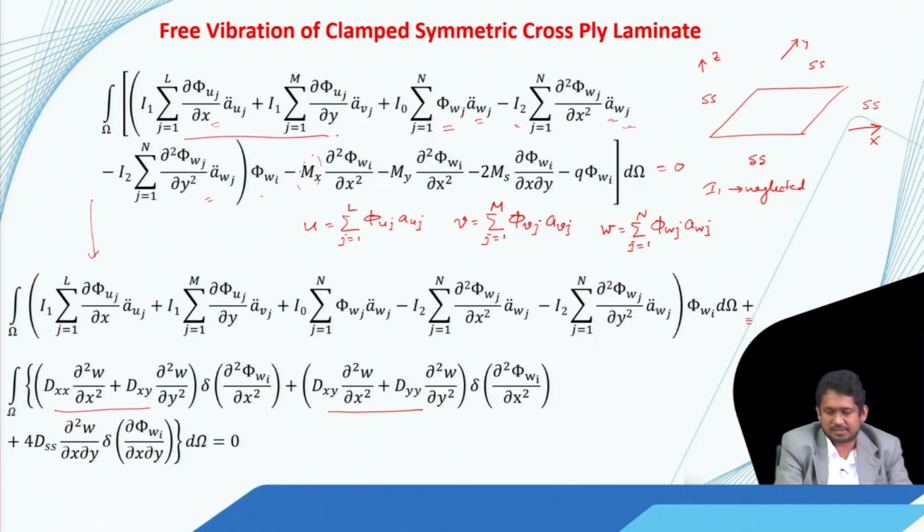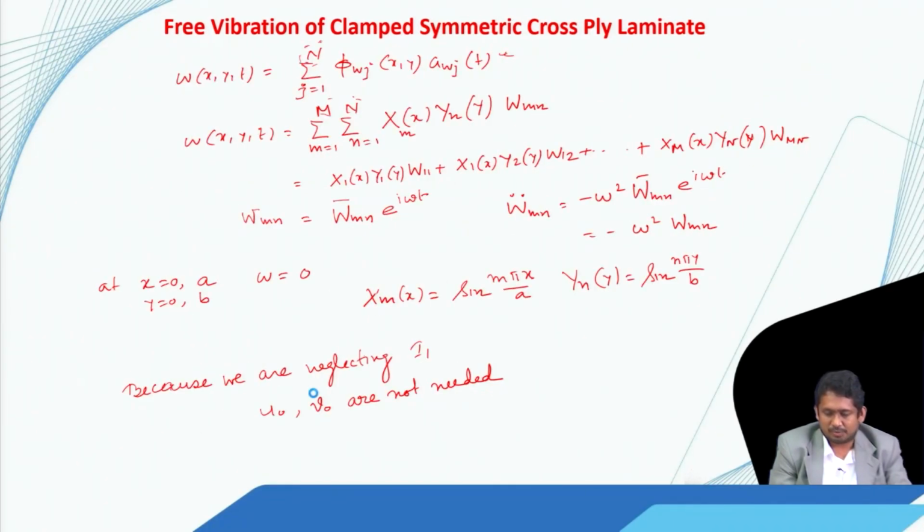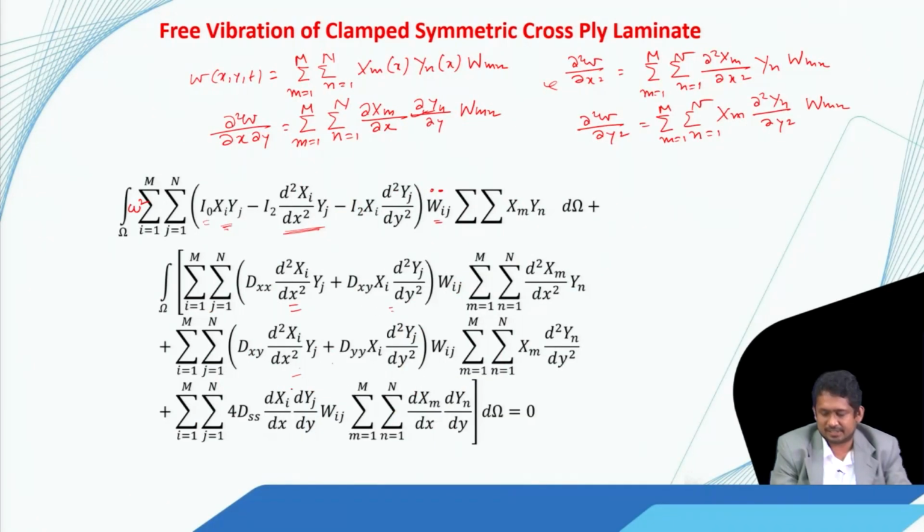And again, in these terms, inside the bracket, we have used i, j as the indices. Similarly, when we wrote X_m, Y_n and so on, we have used i, j as the indices, and at the outer we have used the indices m and n.